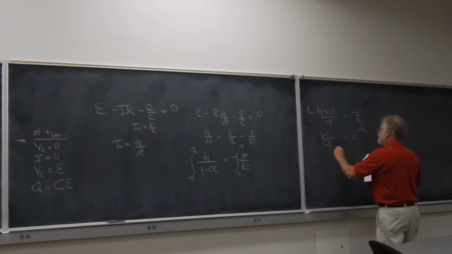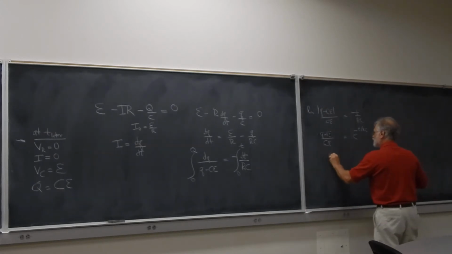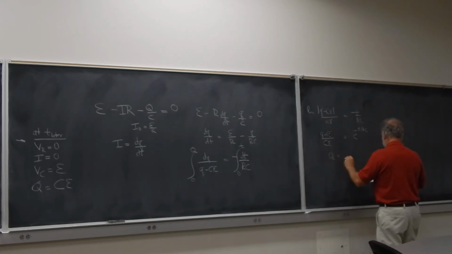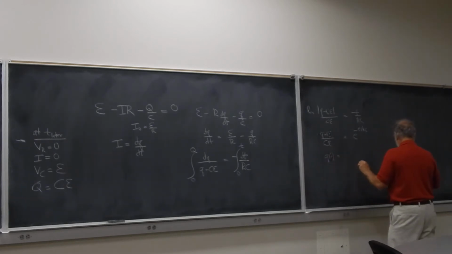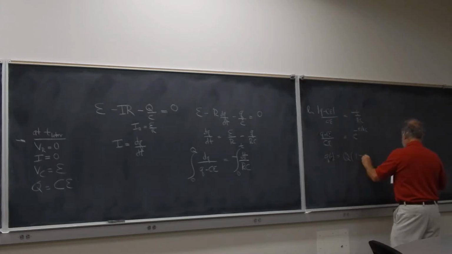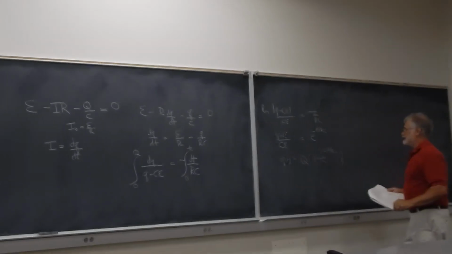Another way of writing that is to say, if I put in my limits, q as a function of t can be written as q times 1 minus e to the minus t over RC.